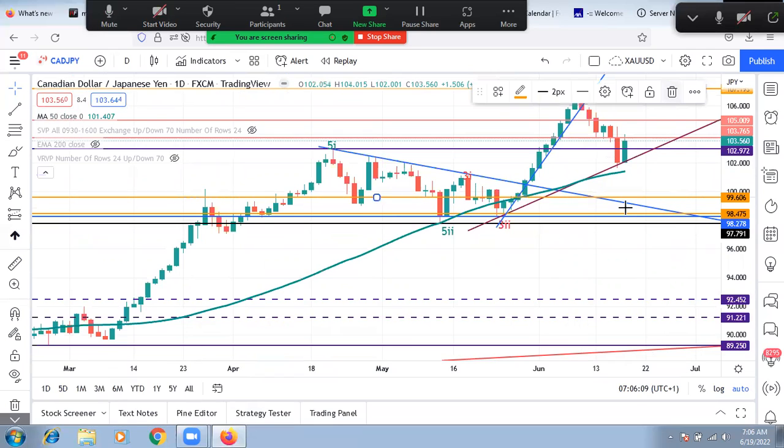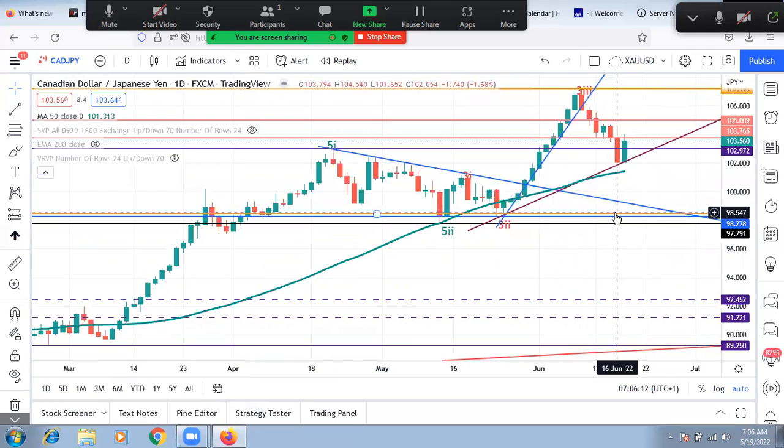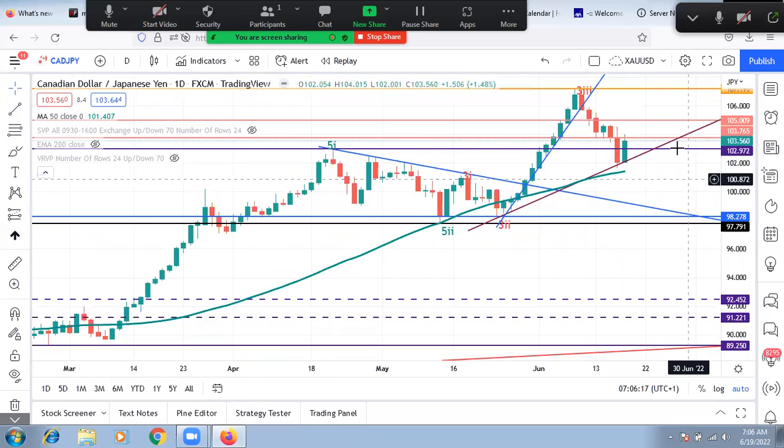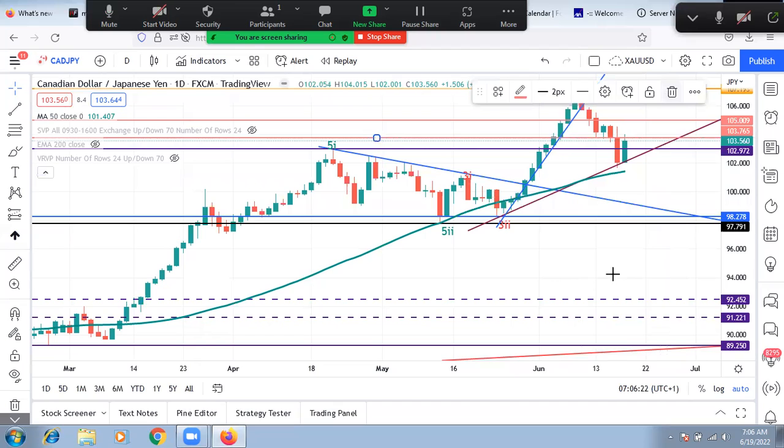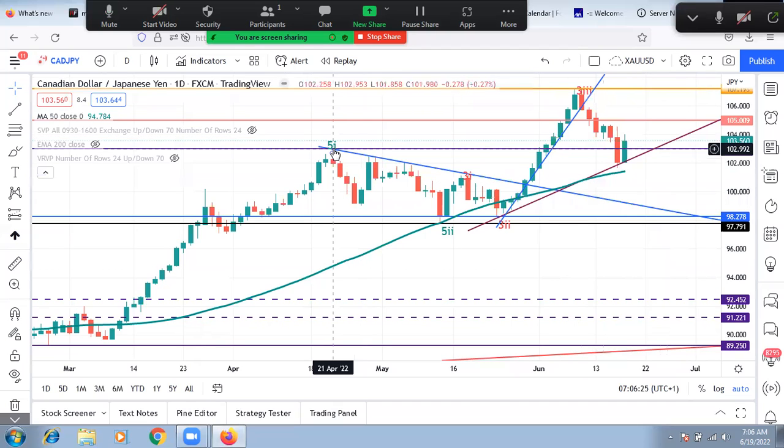With the move that we had on CAD yen, we told ourselves that this is with 5-1 and this is where 5-2 touched. 5-2 touched here, and we said that we are within 3 itself, but we have not finished 5-3. So once we correct 4, then we go to 5-3.